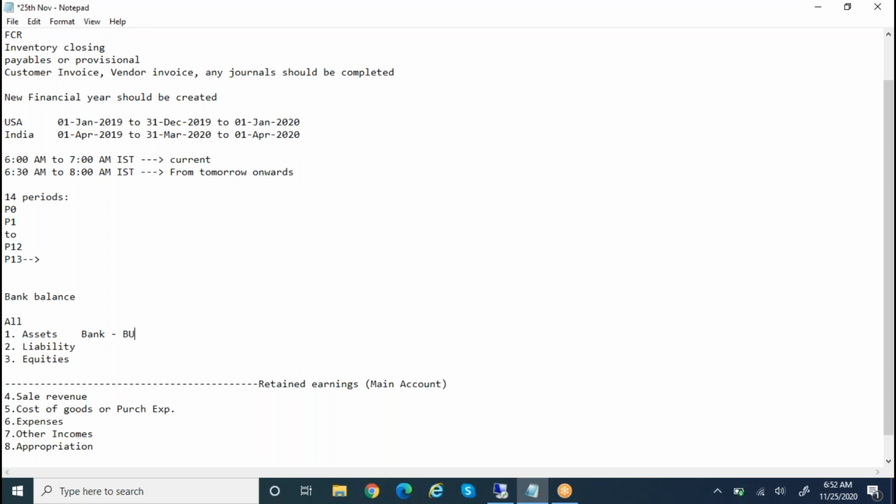If it is transferring from last year to next year, I have 2 business units, meaning branches. One is Amirpet, suppose, and another one is Dilshuk Nagar. I have 2 branches, and these 2 are business units. So the bank balances business-unit-wise, whatever is there, should be transferred to the next year.